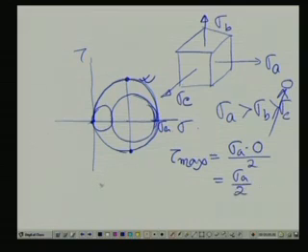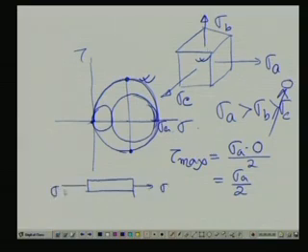Now, if we consider a material made of the same material for which the machine component has been built, it is acted upon by loads, and when the load comes out to be the yield point load, then we get the stress corresponding to the load which is creating a yield point.